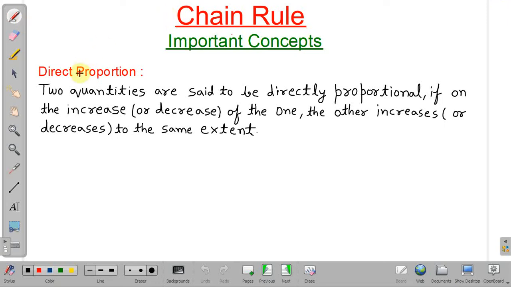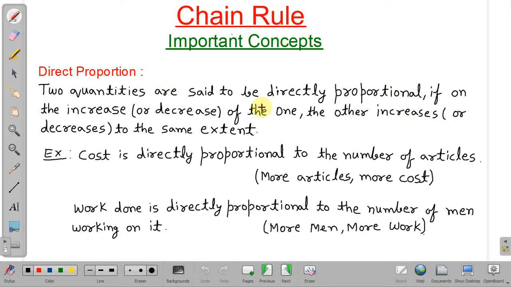So we say two quantities are said to be directly proportional if on the increase or decrease of the one, the other increases or decreases to the same extent. Okay. So we will see some examples. Suppose you purchase some articles.